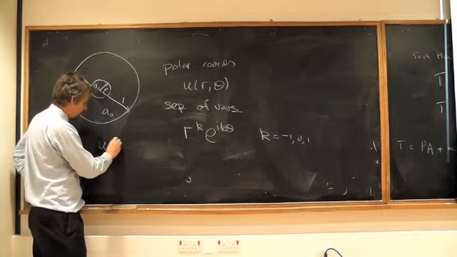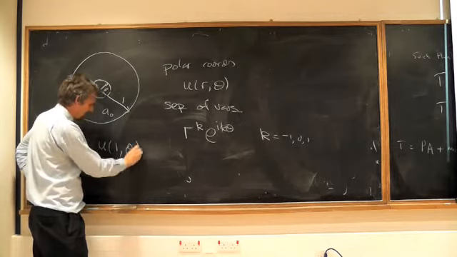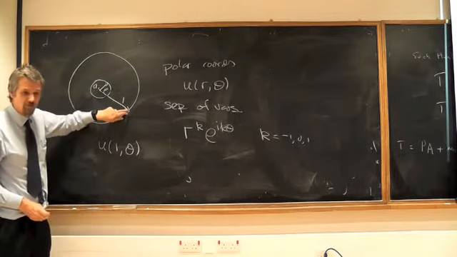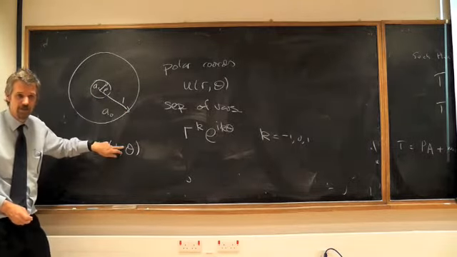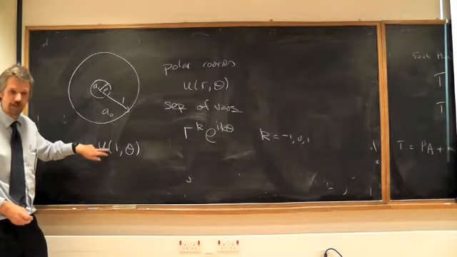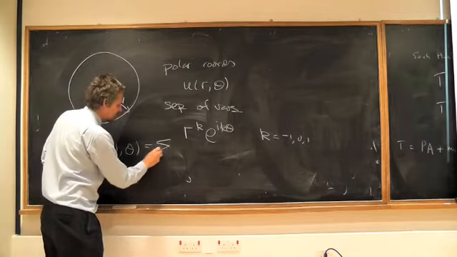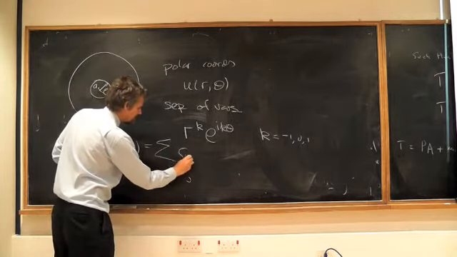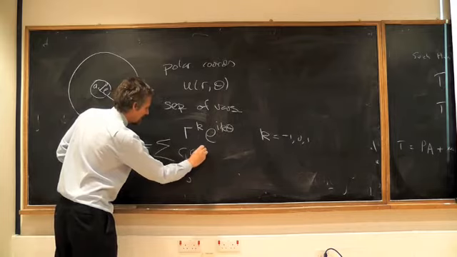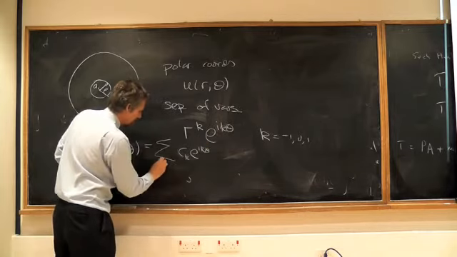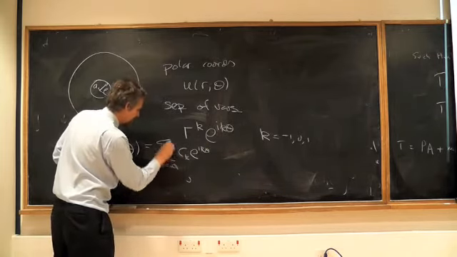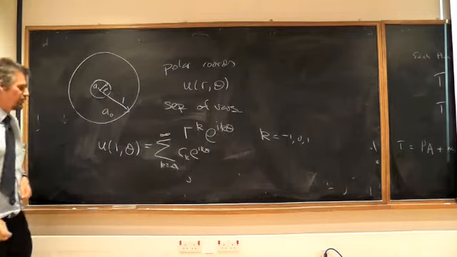u of 1, theta, that's the voltage at the boundary as a function of theta, okay? So that's the Dirichlet boundary data. If you write that as a sum of c_k e to the i k theta, k equals minus infinity to infinity, then that's a complex Fourier series.